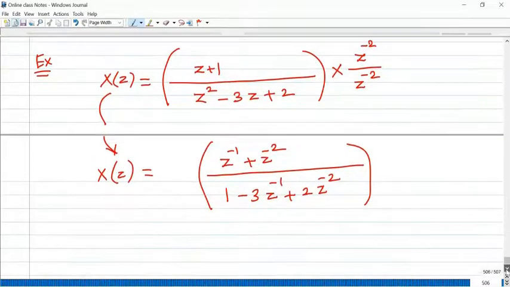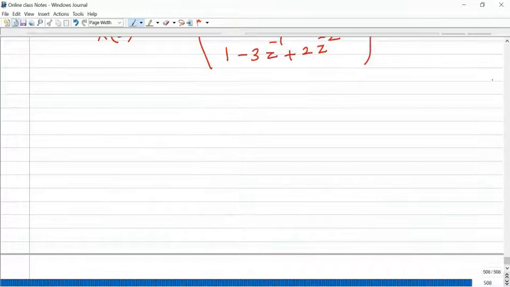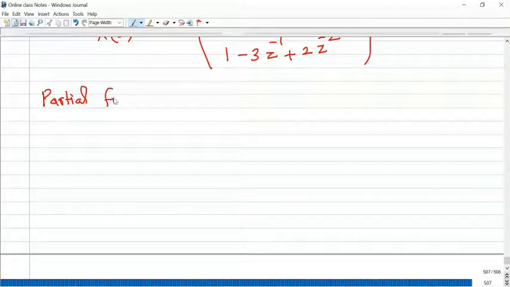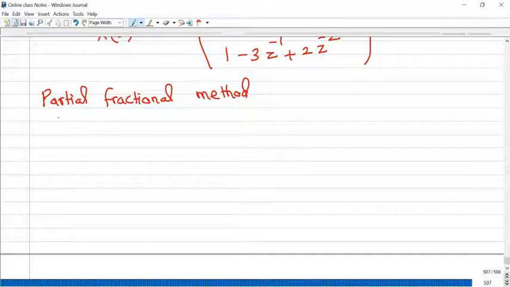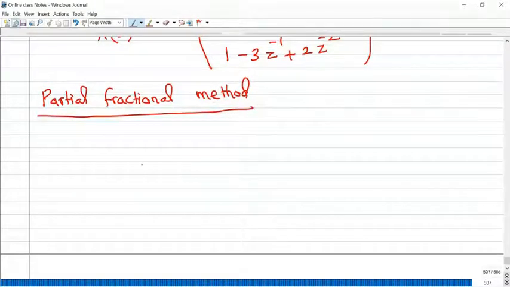The second type of inverse Z transform is familiar to us because we solved many problems in Fourier transform, DTFT, and Laplace transform: the partial fraction method. In the Laplace transform, I taught you 3 different cases.